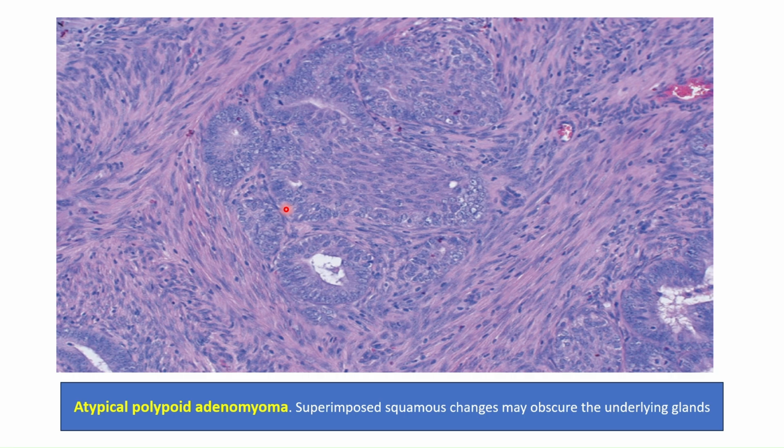We can appreciate it in high power view. Here, squamous metaplastic change. These glands have back-to-back arrangement, some nuclear atypia, and smooth muscle fascicles surrounding the glands. So this is again atypical polypoid adenomyoma.